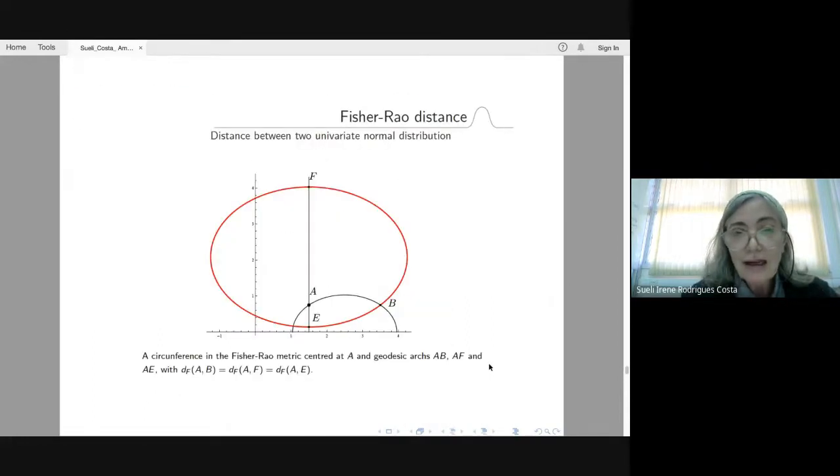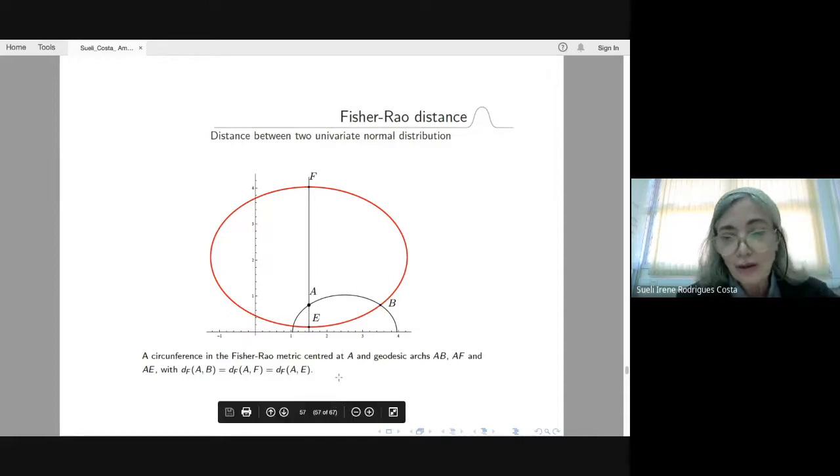In the half-plane, the geodesics will be half lines and half ellipses. This is the circle centered at this point, the equidistant probability distributions associated to A. This is the circumference and the geodesic, to illustrate.